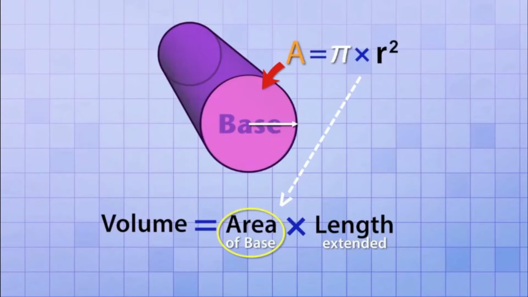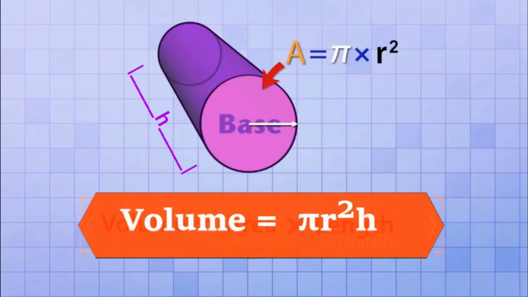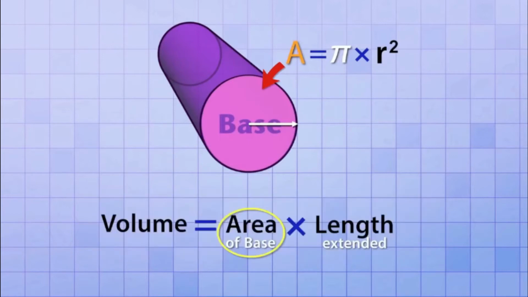This circular base area equal to pi r square sits here, and the length extended, which we call the height, shall shift here and give the formula for the volume of a cylinder with base radius and height as pi r square h. Now it is a 3D quantity and its unit shall be cubic units. Remember this formula and we shall use it in this video again.